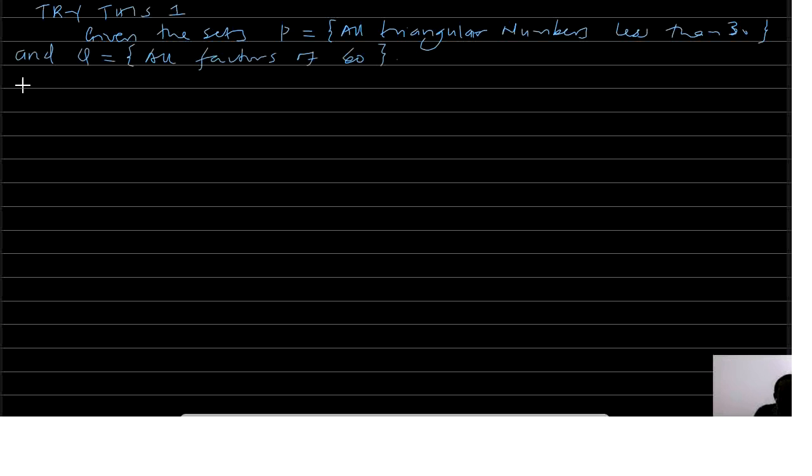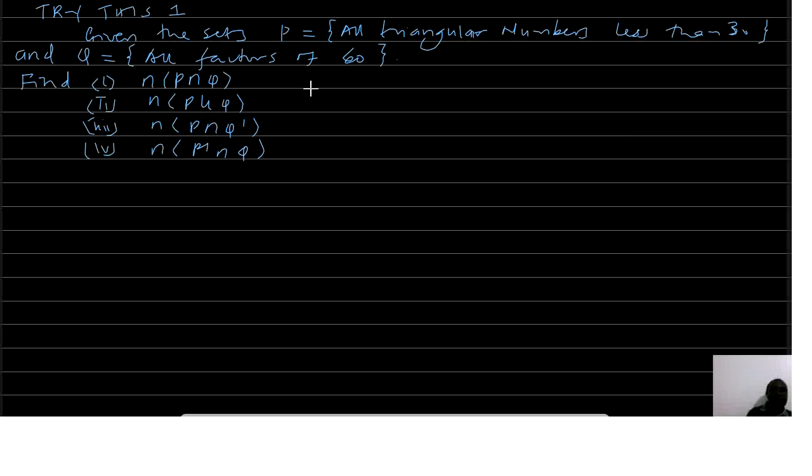We need to find the number of elements which belong to P intersection Q, P union Q, P intersection Q complement, and P complement intersection Q. That's the question you are going to try out during your free time, so please note it down. We are still proceeding with this lesson.